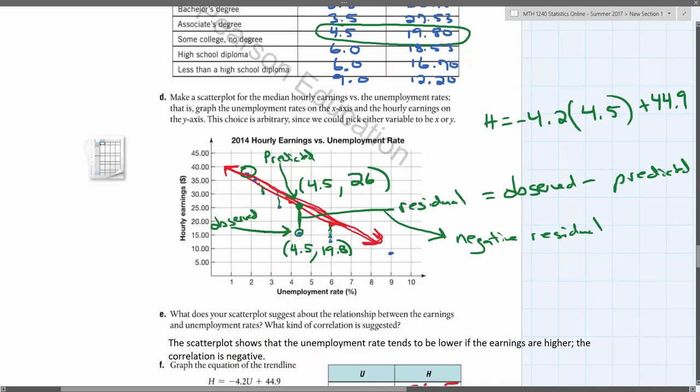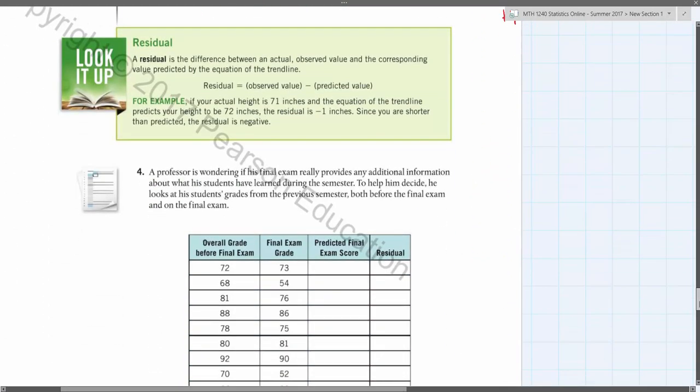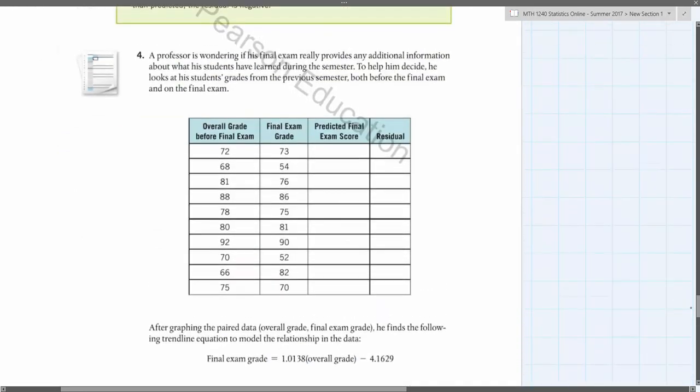So it's a positive, but a very small number. So if we go back here, that's what this talks about. I tried to give you a visualization of what a residual is, which will help you with stats.